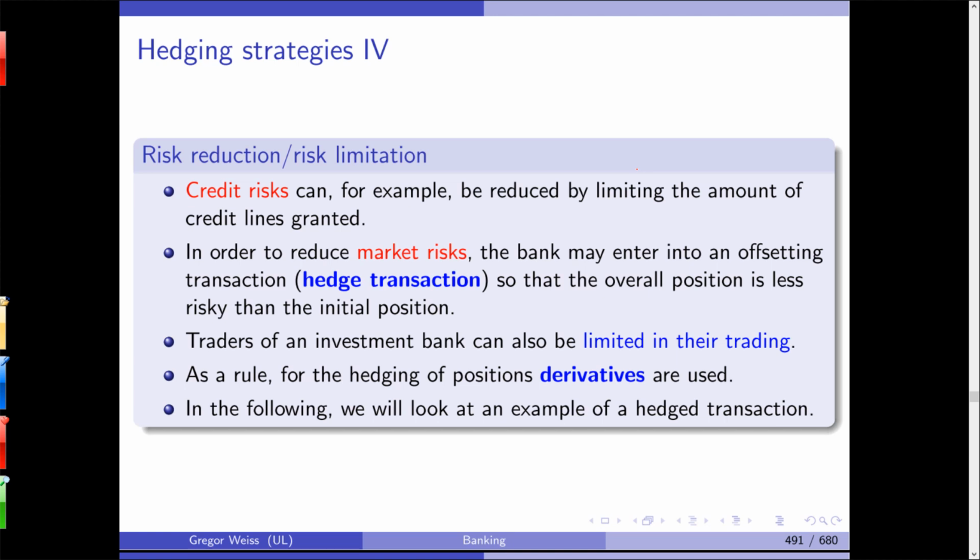So closing the position would mean, for example, making sure that you keep the current profit and that any future change in the stock price doesn't change your profit. And you can do this by doing a hedge transaction, by closing the position in the sense that you do an additional contract, you buy or sell an additional financial instrument, and the combined effect will be less exposed to the risk factor.